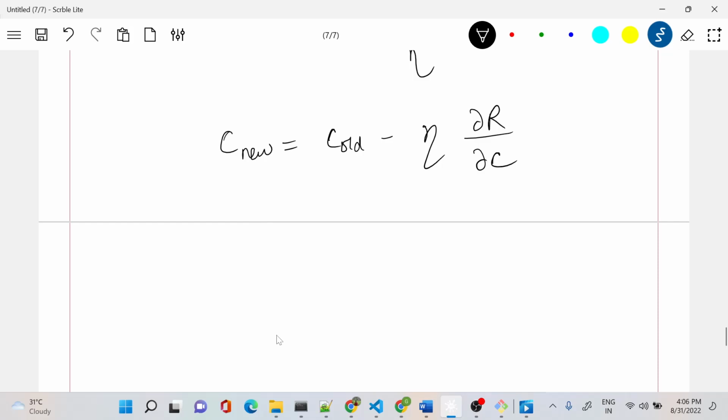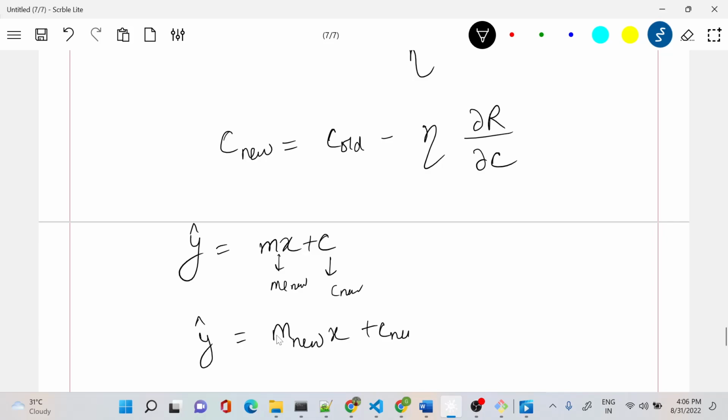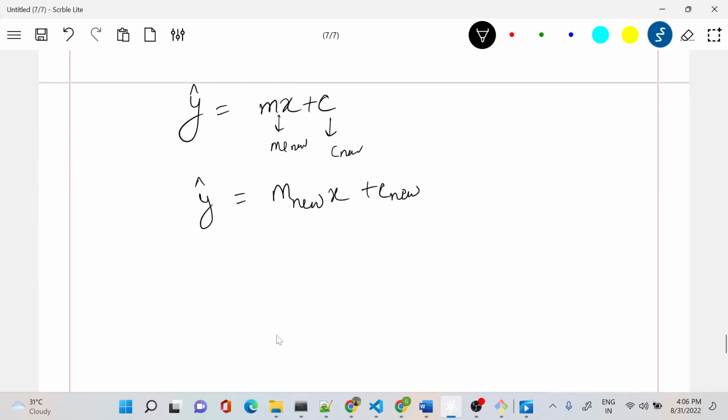Then y hat equals mx plus c will be calculated again based on our new values, so M new into x plus C new, and again the error will be calculated.